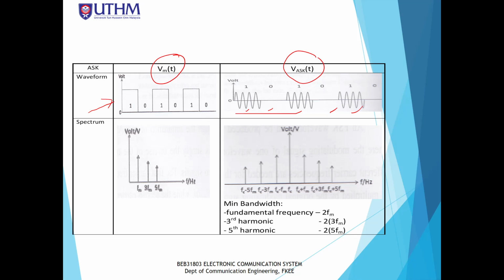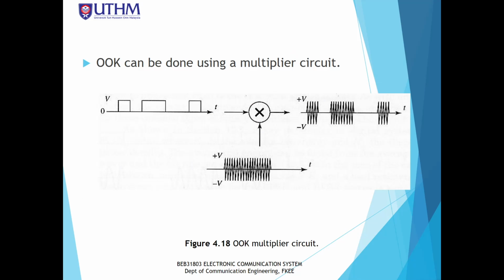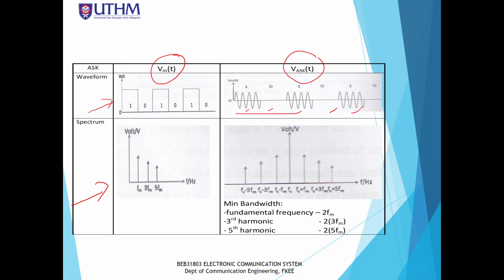Okay. Then regarding the spectrum. What about the spectrum? So if the input signal consists of FM, 3FM and 5FM, okay, what happens is the bandwidth for the ASK is equal to 2FM.